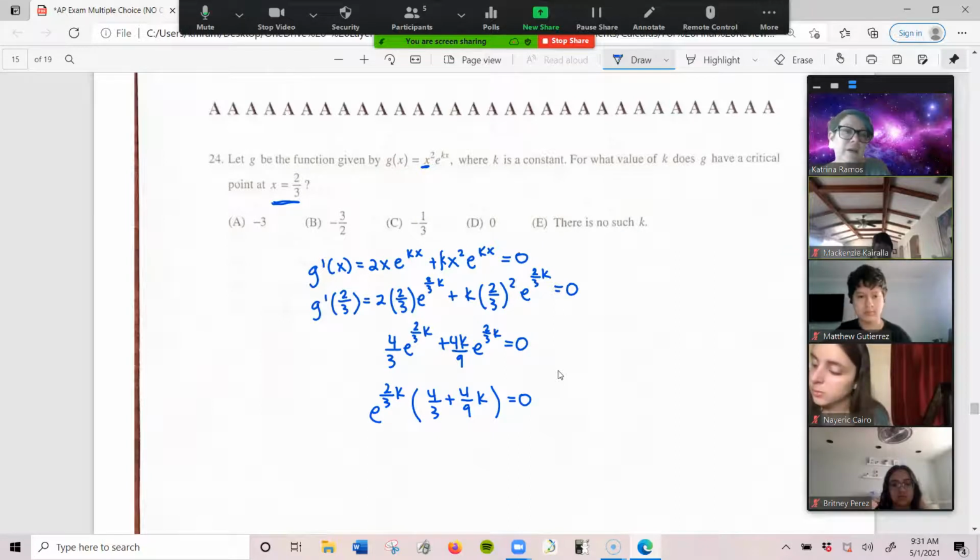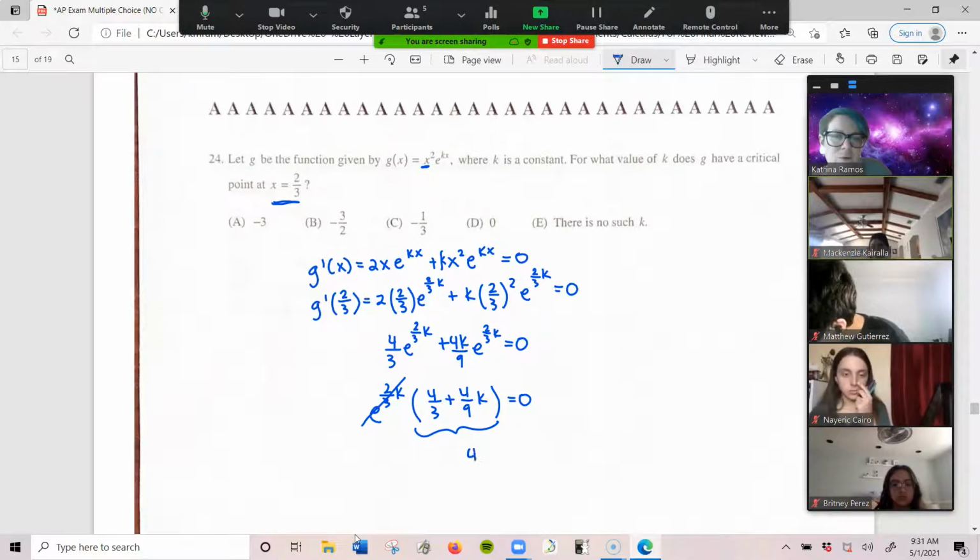Now, e never equals 0, so we can ignore this. This is what we're going to set equal to 0 and solve. So we subtract the 4/3 over to the other side, so we get 4/9 k is equal to negative 4/3.